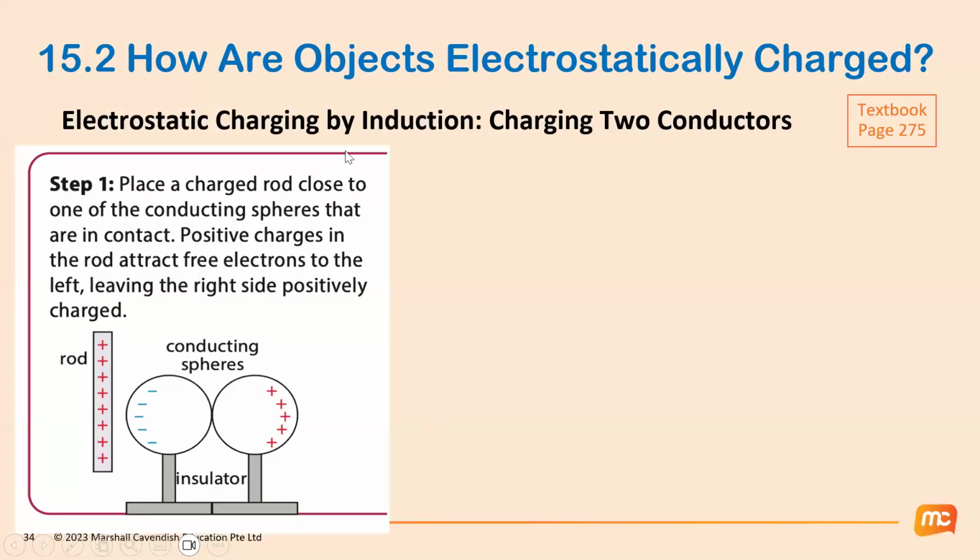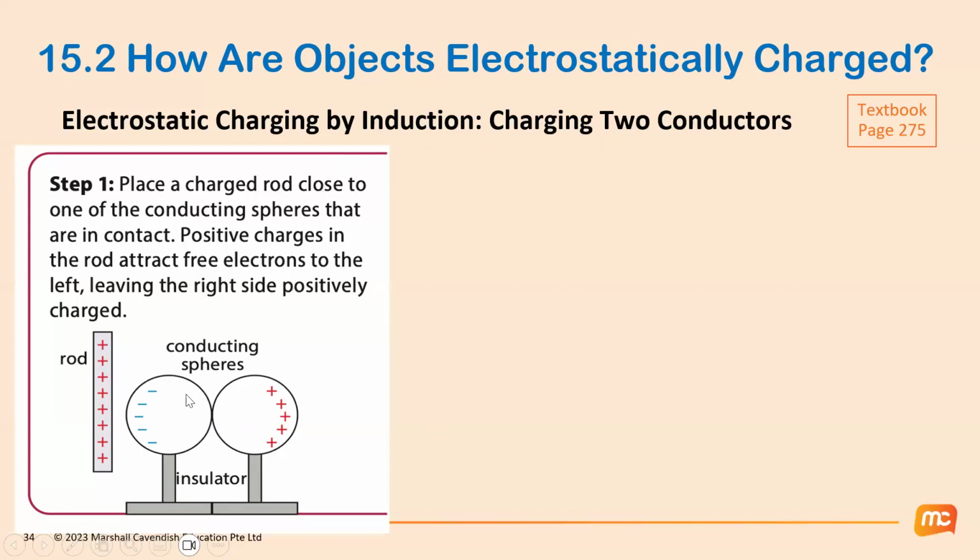The first one, we go into charging by induction for two conductors. So I have two spheres. They are made of metal, so they are conducting spheres, meaning they are conductors. They are placed on insulating stands so that the charges will not be able to flow down to the ground. Just take note, charges like to flow down to the ground.